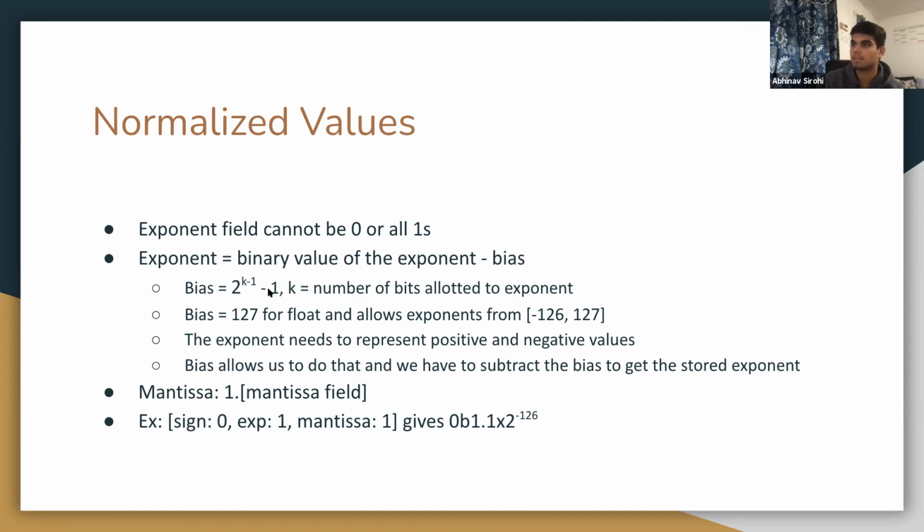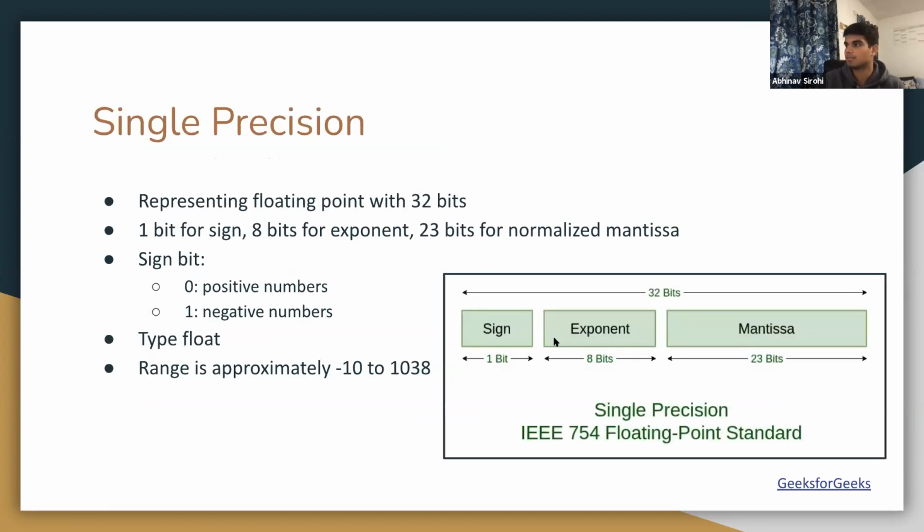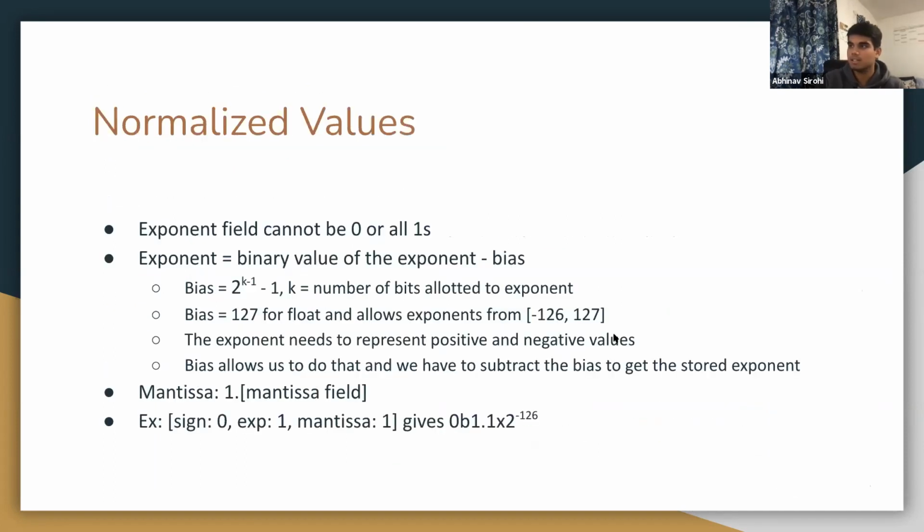So if we're using 8 bits, which is what we do with single precision, we set the bias to be the number 127, and so that allows our exponents to be in the range negative 126 to 127, rather than the 0 to 254 that you'd have if we didn't use the bias.